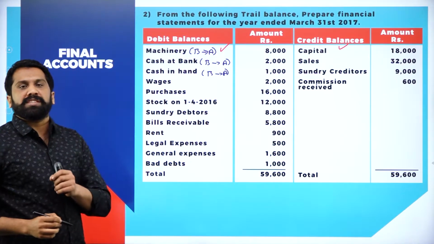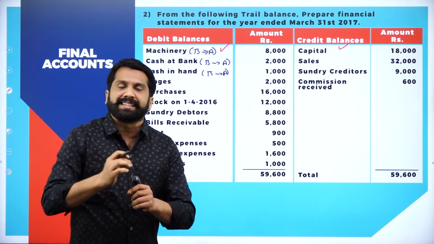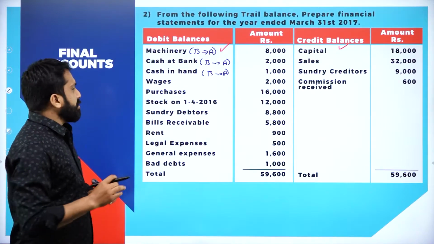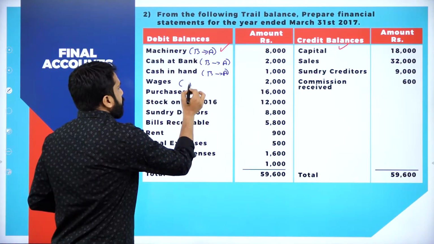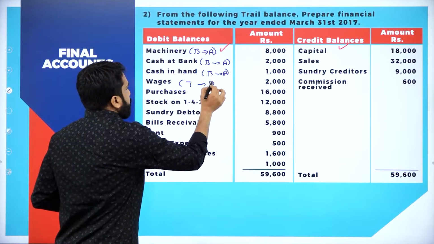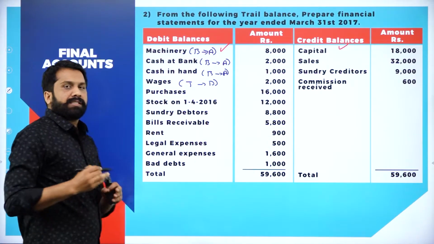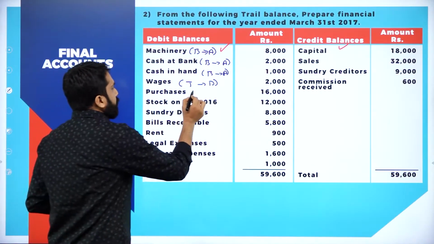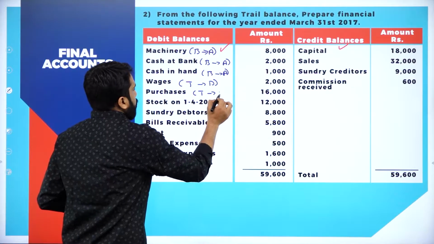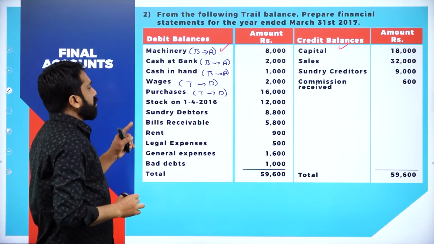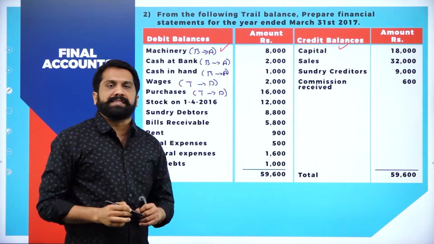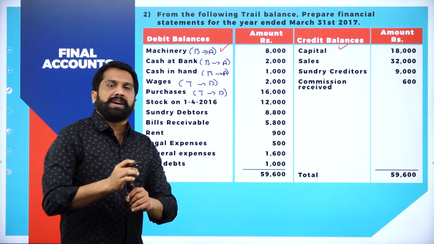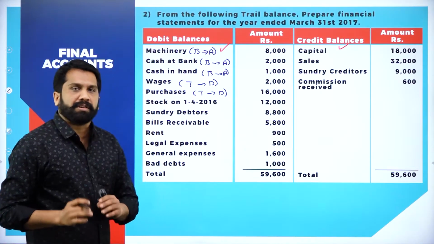Wages. Wages is a direct expense. Direct expenses means trading account, debit side. Purchases, similarly, trading account, debit side. Stock on 1/4/2016. Whatever stock value is given, that is the opening stock.